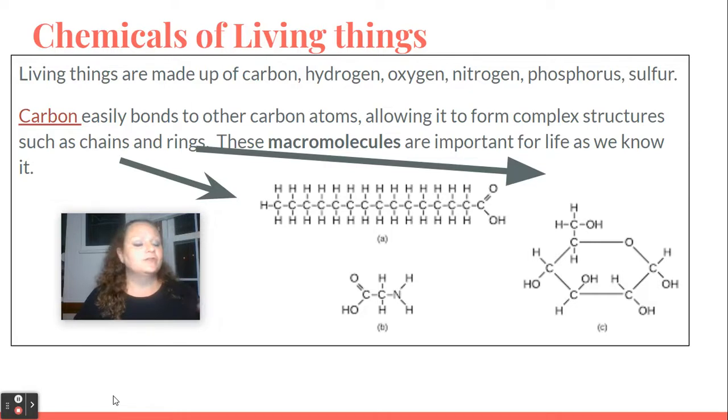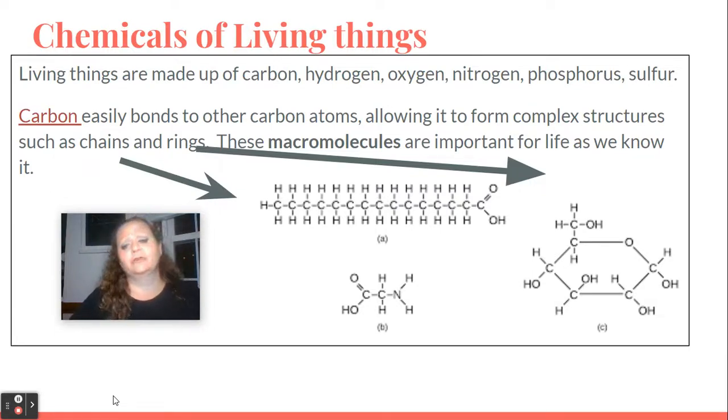Okay. First thing you need to know, what we're talking about here are organic molecules. Organic molecules just mean they have carbon. If they have carbon in them, they're likely an organic molecule. Some of the other elements that we might find in organic molecules include things like hydrogen, oxygen, nitrogen, phosphorus, and sulfur.